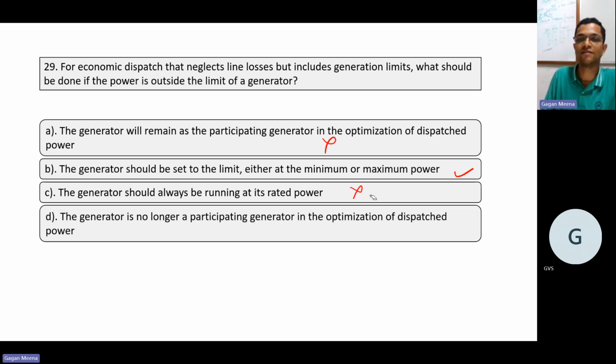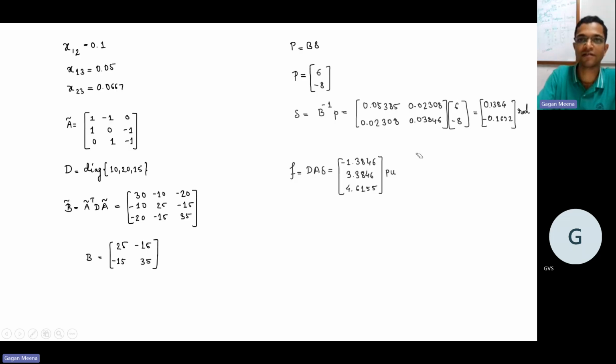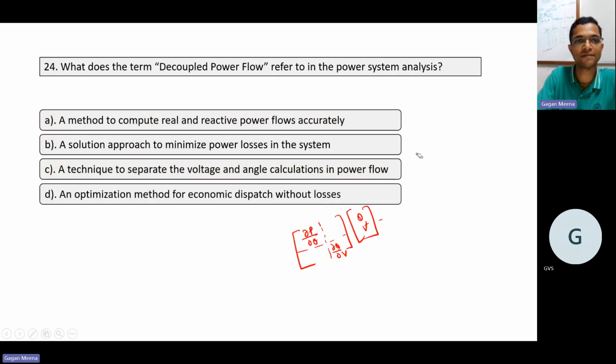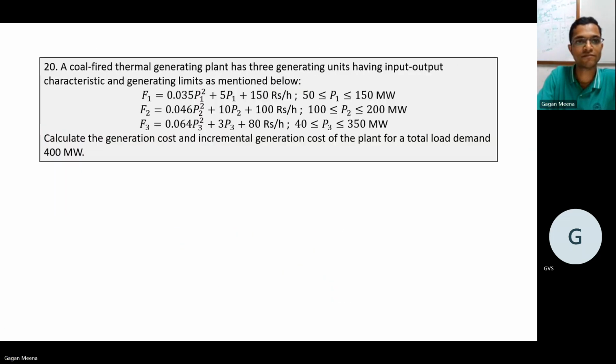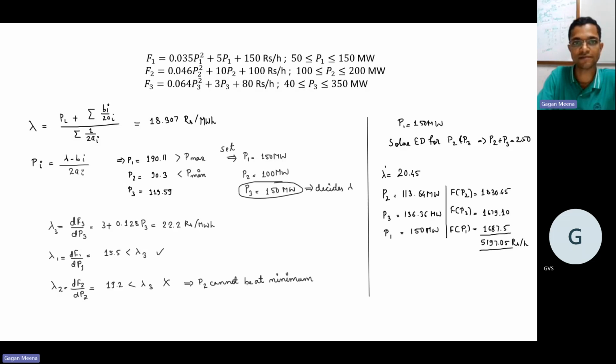So we saw one problem here also. When we calculate lambda for 3 generators, we get P1, P2, and P3 like this.